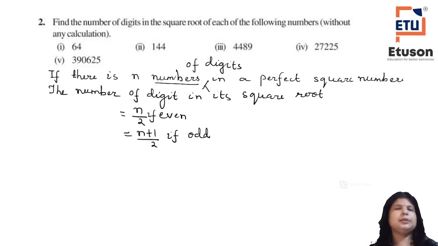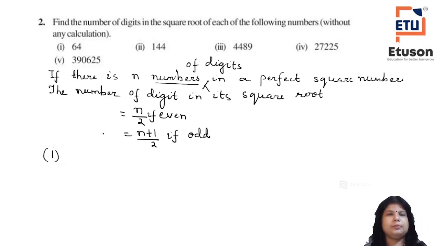So this statement you have to remember. If there are n digits in a perfect square number, the number of digits in its square root will be equal to n by 2 if n is even and n plus 1 by 2 if n is odd. So, keeping this statement in mind, we have to find out the number of digits in the square root of each of the following numbers.